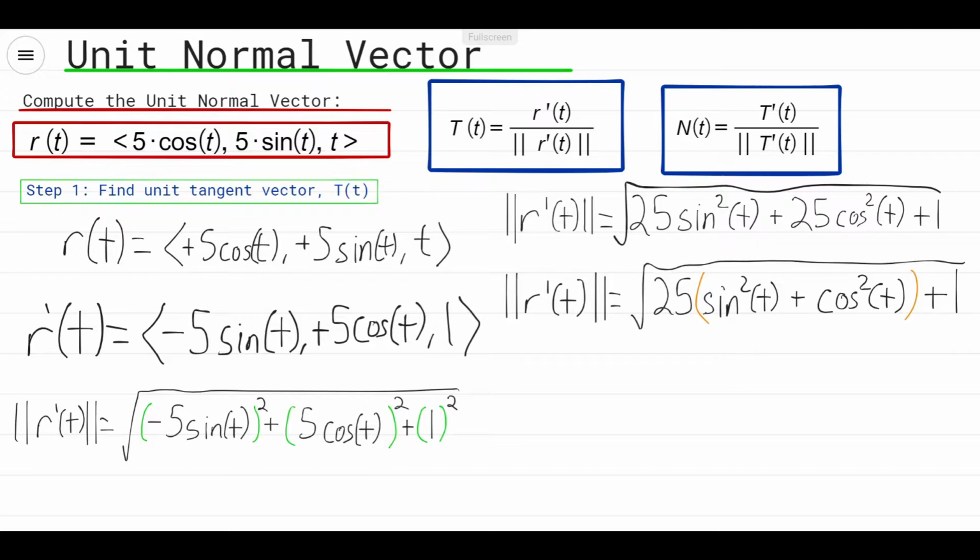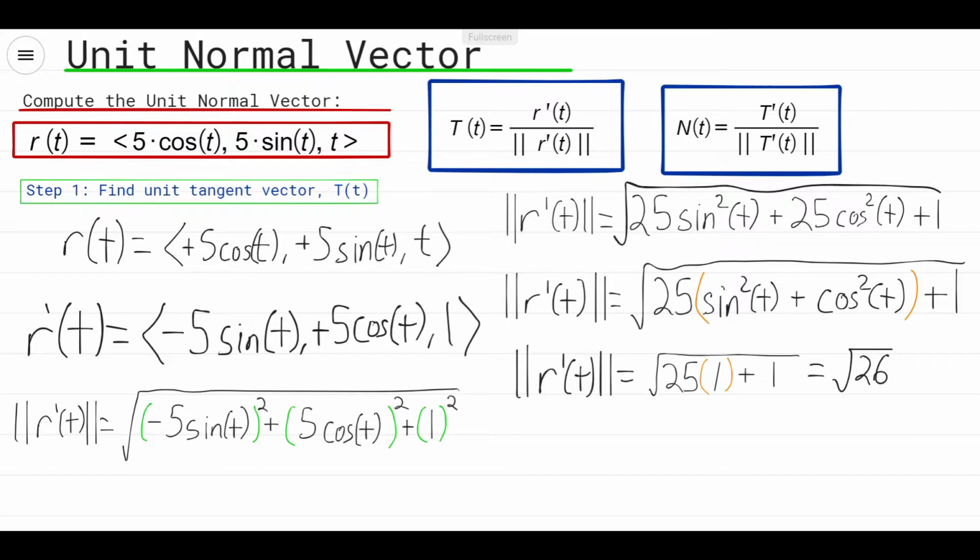Now we know the Pythagorean identity: sine squared plus cosine squared is equal to 1. So we substitute sine squared plus cosine squared with 1, and this problem just became a whole lot easier, because 25 plus 1 is 26, and we get the square root of 26. So that's our magnitude.